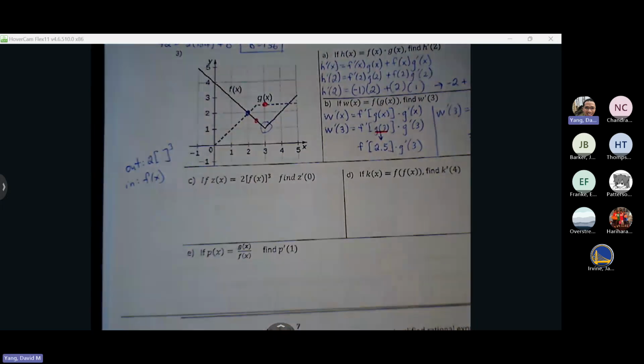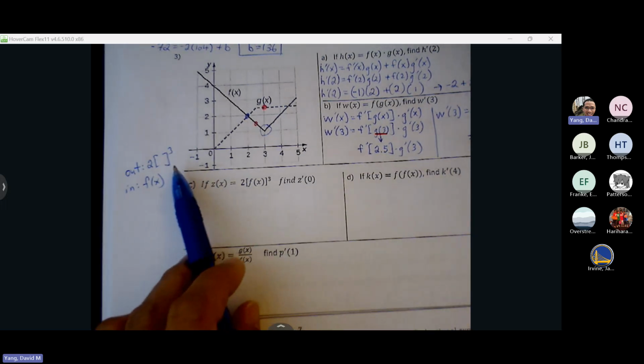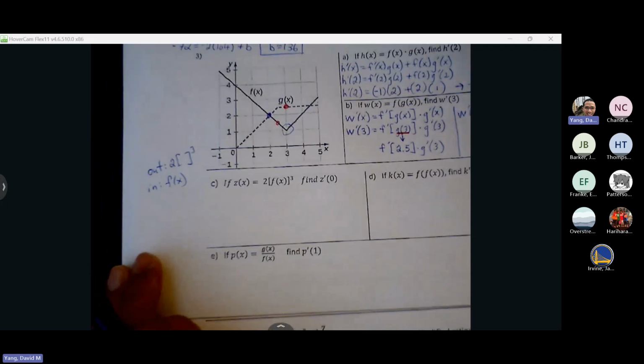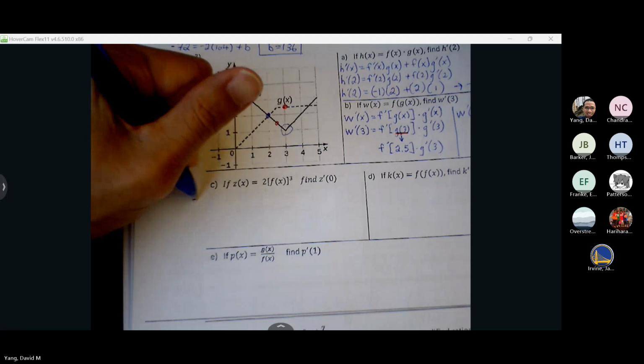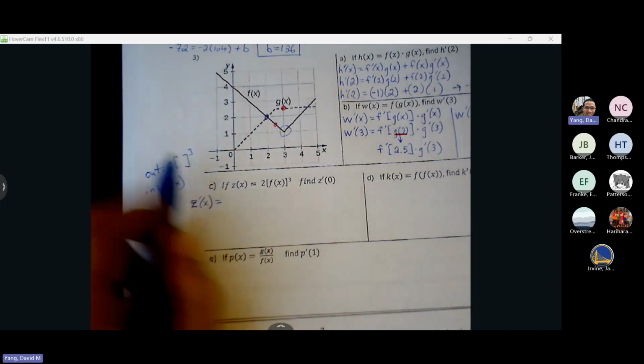So outside is the bracket and everything outside the bracket. So 2 bracket cube. Inside is the f of x. So we take turns with each derivative. Outside's derivative.